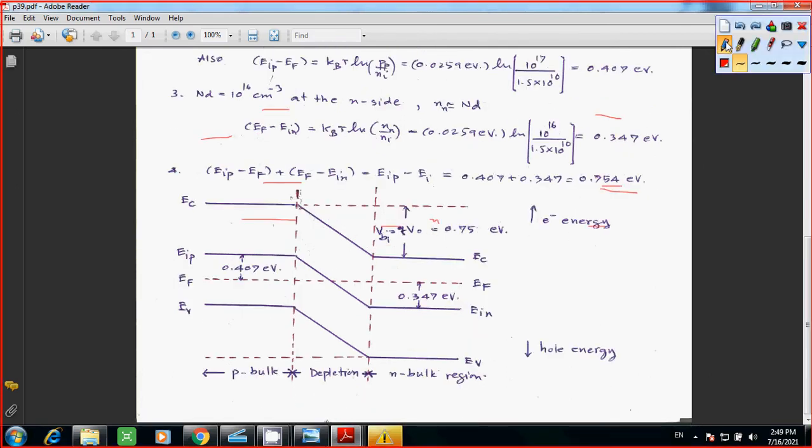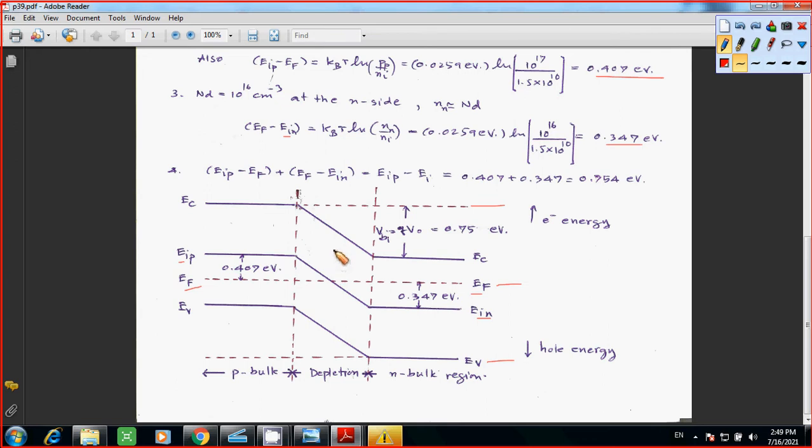And this is your energy band diagram. You have EC, you have EV, you have EF at equilibrium. Then on the P side, you have the gap between EIP and EF as calculated, 0.407 electron volt. And on the n side, you have the gap between EF and EI, 0.347 electron volt. And this is the depletion region where you have an electric field.